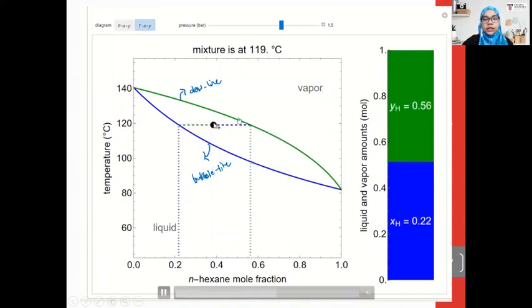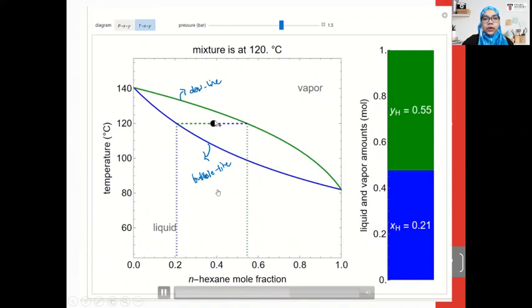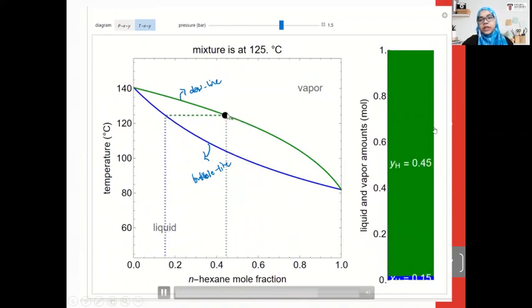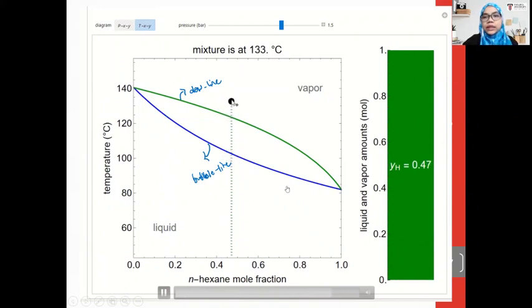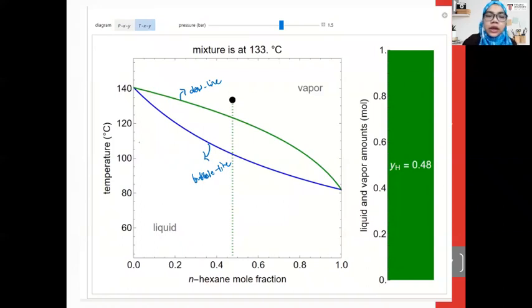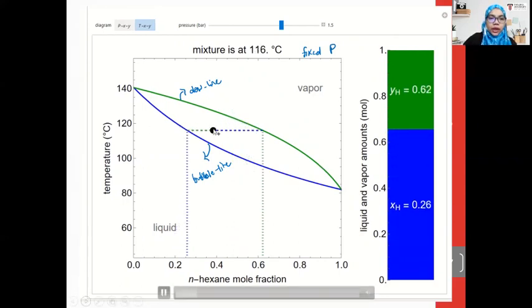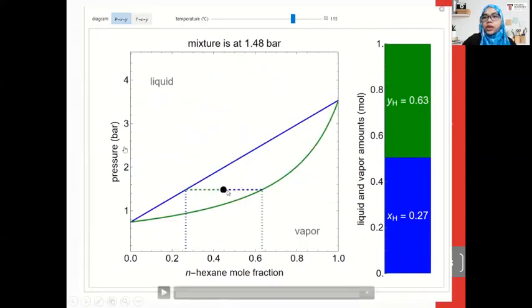And if we increase the temperature, the composition of the hexane tends to become vapor phase. If we have temperature versus composition, that means we have a fixed pressure. If we have pressure versus composition, that means we have a fixed temperature.